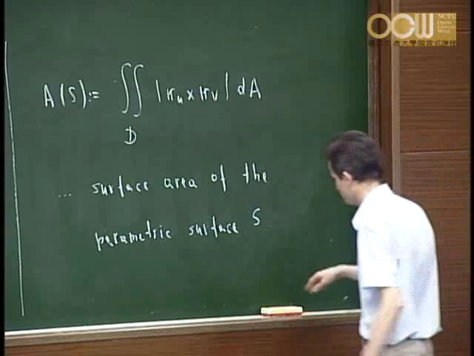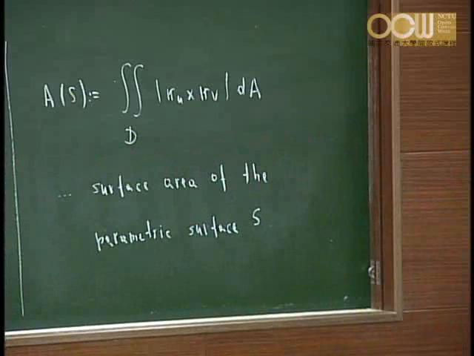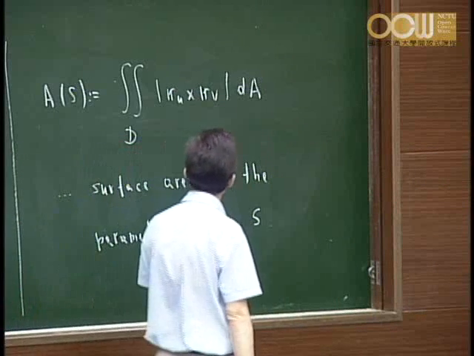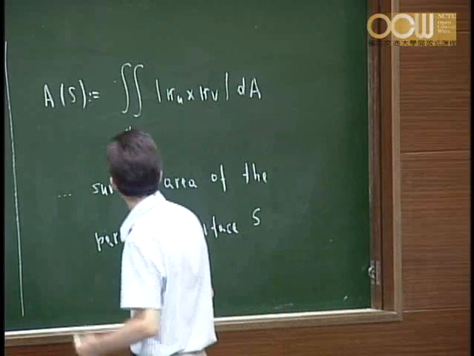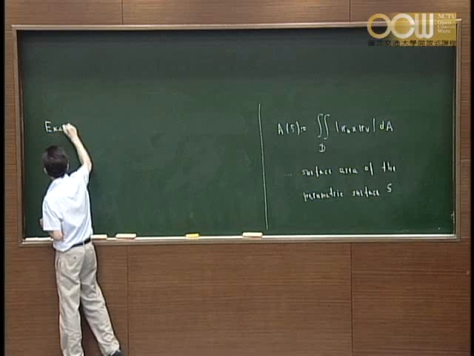Okay, so actually we have defined already the surface area for the special case where the surface is the graph of a function of two variables. This would be an example.